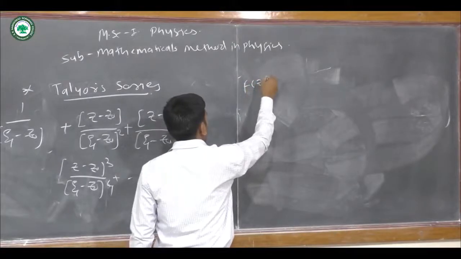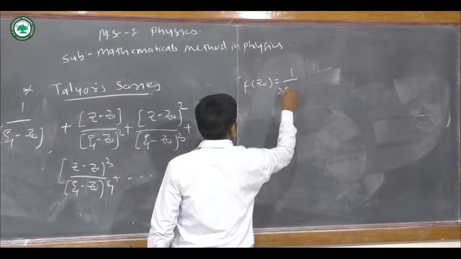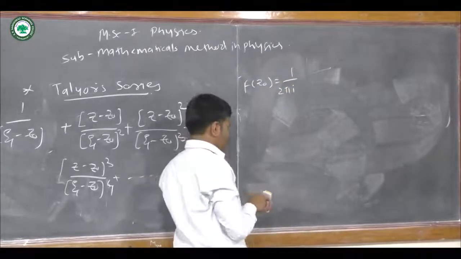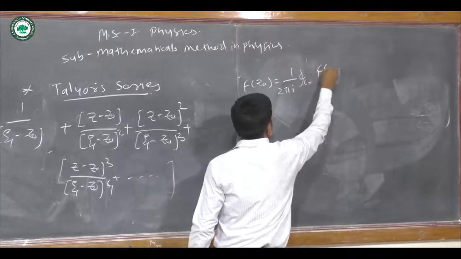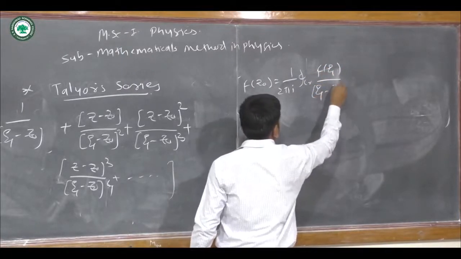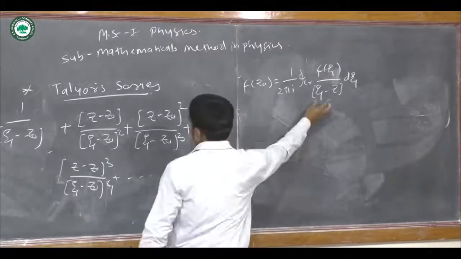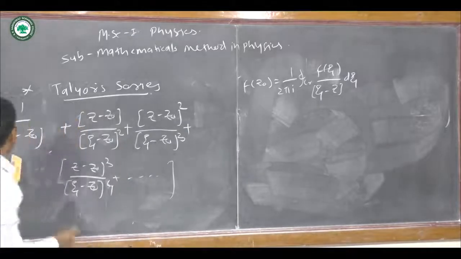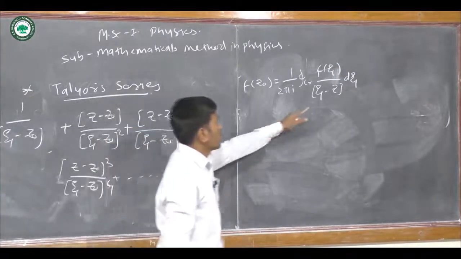Okay, so now if we put this into the formula, that is f of z naught is equal to 1 by 2 pi iota close CR f of psi divided by psi minus z into this side. Okay, so this expression is nothing but 1 by psi minus z. Okay, so I am replacing these things with this series.